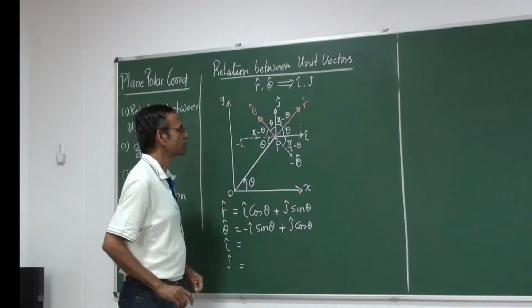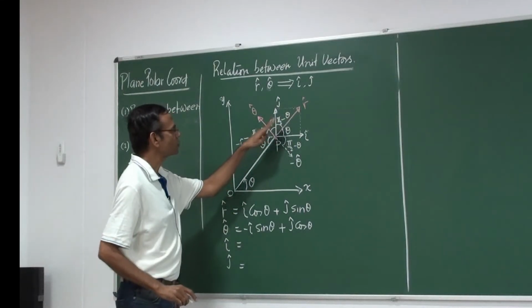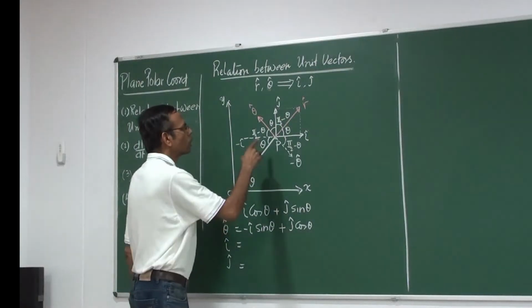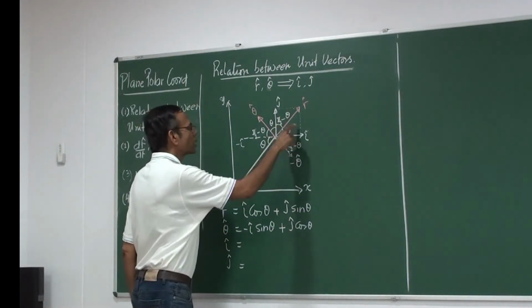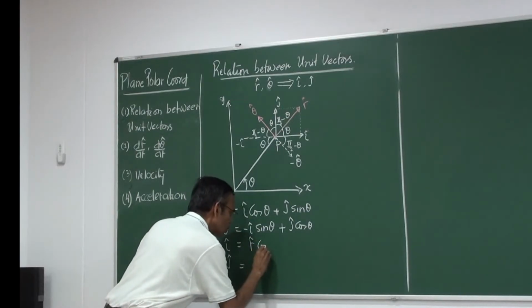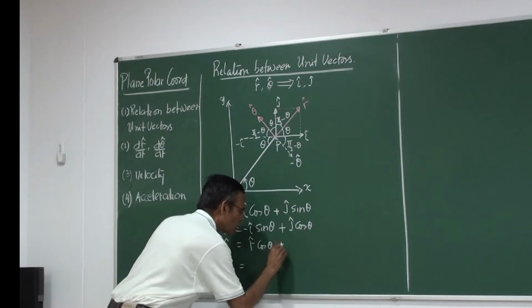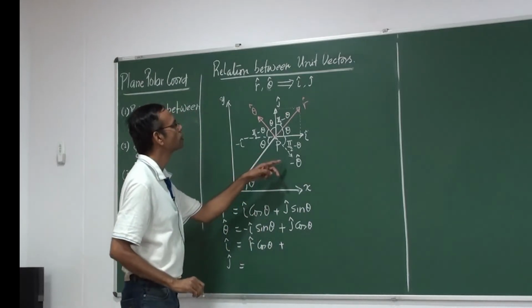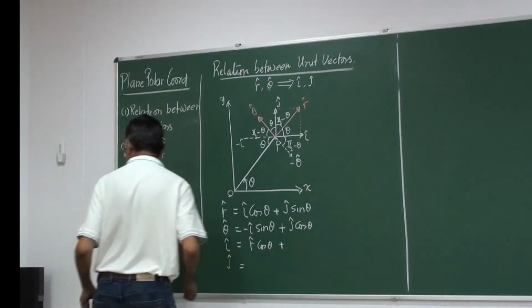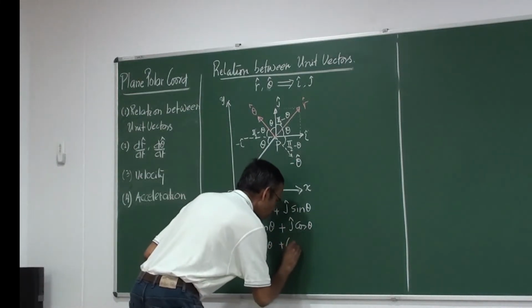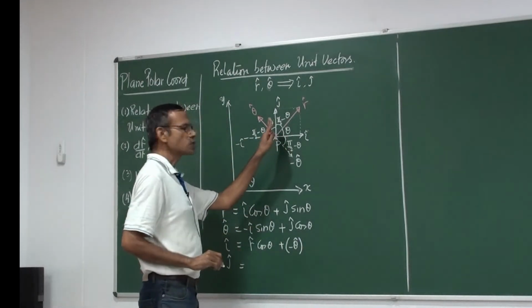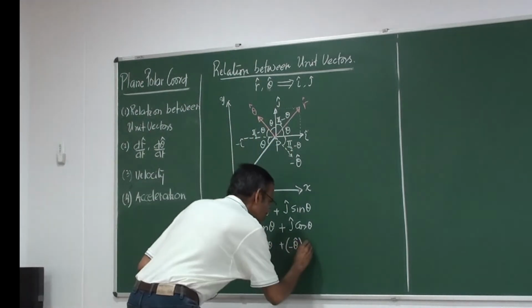So i cap, I have to write in terms of r cap and theta cap. What is i cap? R cap cos theta plus minus theta cap, so minus theta cap cos pi by 2 minus theta is sin theta.